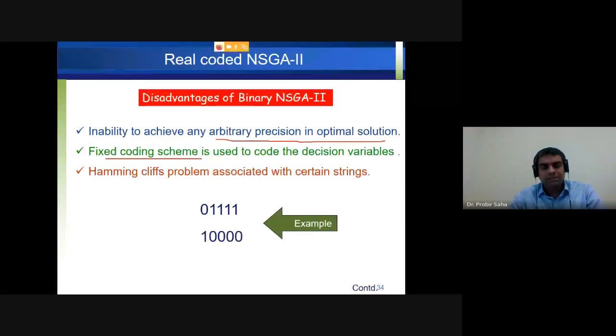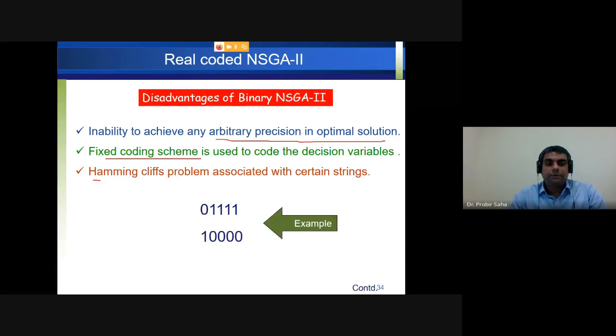You know the range of the optimal solution. But in the real world, it will never happen. It is not always possible that you know the range of the input decision. You do not know anything. If you are not aware of the boundaries of the decision variables, then you cannot apply this fixed coding scheme.